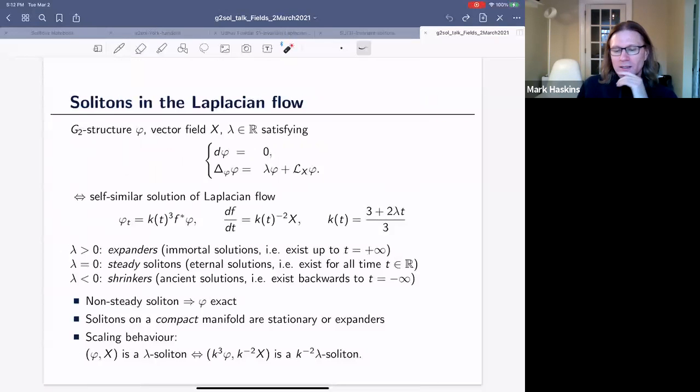But already, if I put lambda 0 and don't have a vector field, then this is just giving me back a torsion-free G2 structure. So this is something potentially more exotic than this. I certainly don't have too many methods for constructing those things.